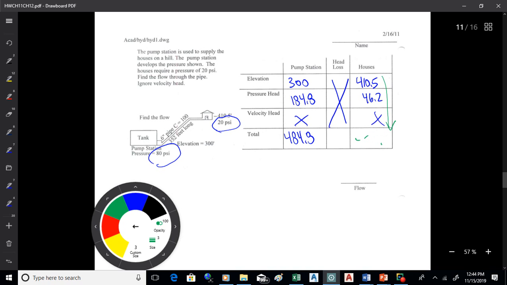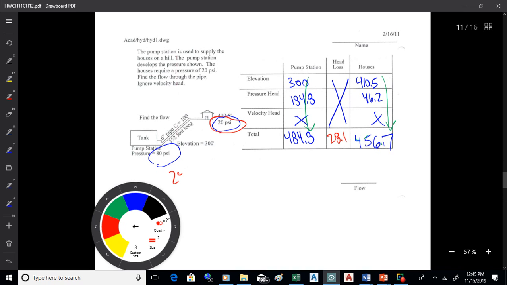So I've got a total energy at A of 484.8, and I've got a required energy at B of 456.7, so I can find the difference between them. It's 28.1 feet. So that's the head loss you can have and still keep this 20 psi residual.